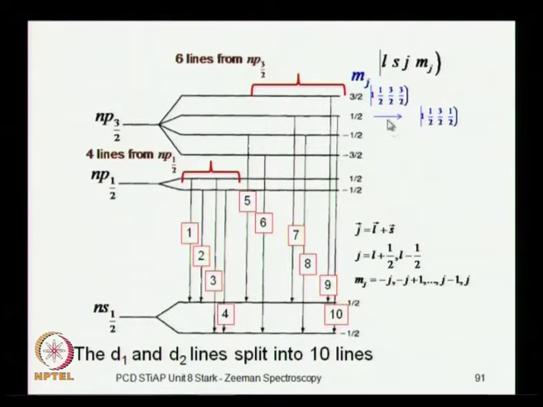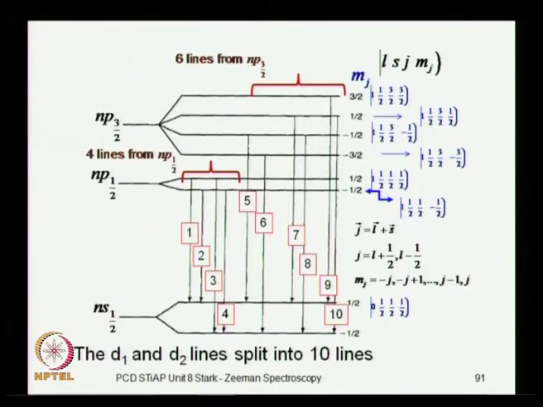And this way you can write the J Mj quantum numbers for all of these 4 and 2 and 6 and 2, there are 8 levels for which you must identify the quantum numbers, and these are the L S J Mj quantum numbers for the p states, and then for the s states L is equal to 0 for the s orbital.